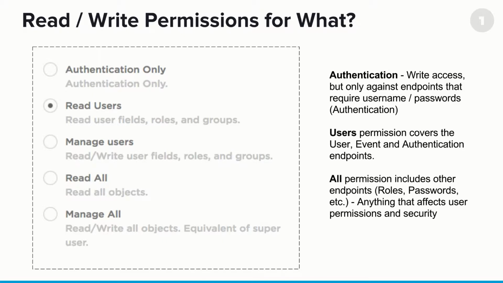Why? Because it would be trivial for them to go in and say, great, I'm going to change the super user's password to a password of my choosing. I'm then going to log in as the super user. And now that I have super user access, I'm going to give myself a new key that gives me manage all permission. That's a pretty common example of what's called escalation of privileges.